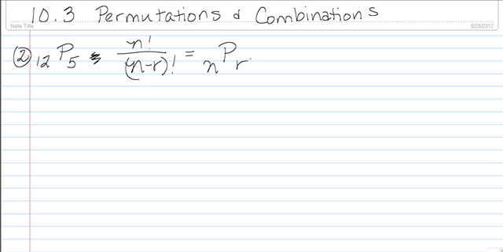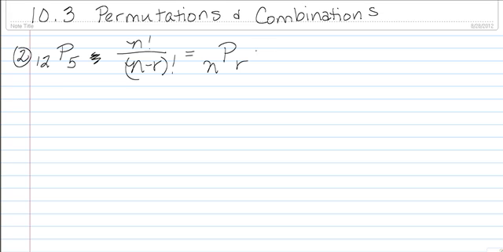We're going to refresh our memories on the formulas. In number 2 we have 12 permutations taken 5 at a time. So what we want is n factorial over n minus r factorial, if you remember, is our permutations formula for permutations of n objects taken r at a time.